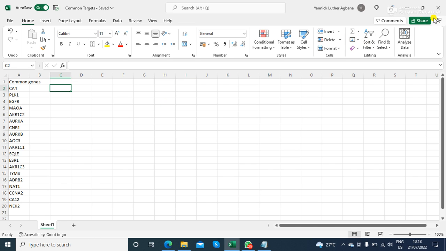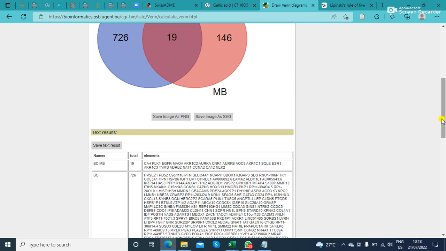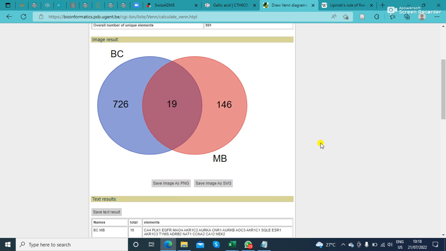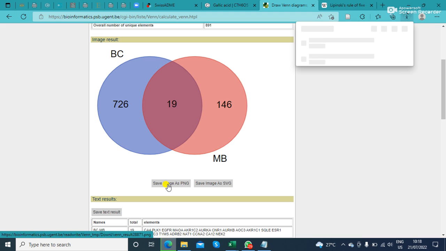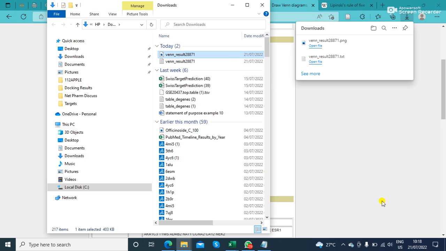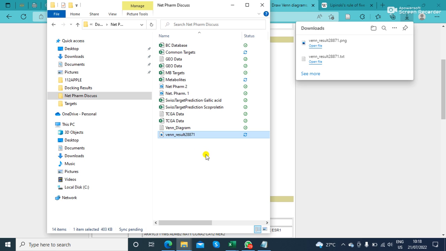So now we have our common targets, and we also need to save the image. This image is necessary if we are using it later for publication. So we can save as PNG. So this is it. I will just go in the folder, copy it so that I can paste it back in our Netfarm Discuss folder.